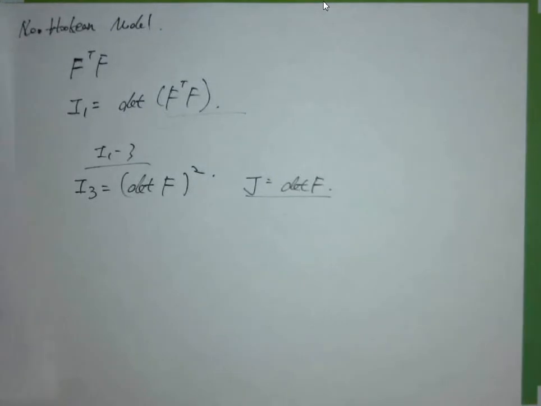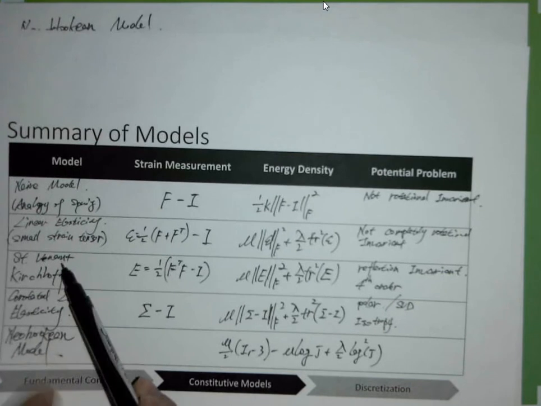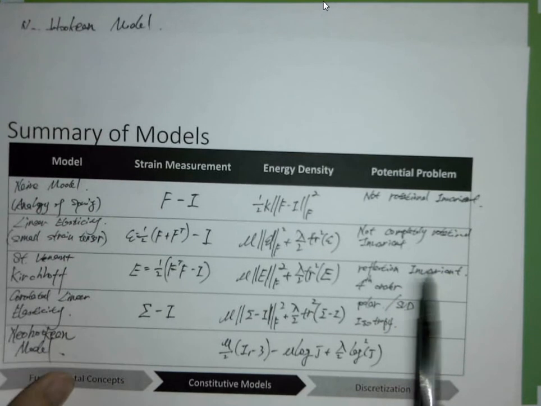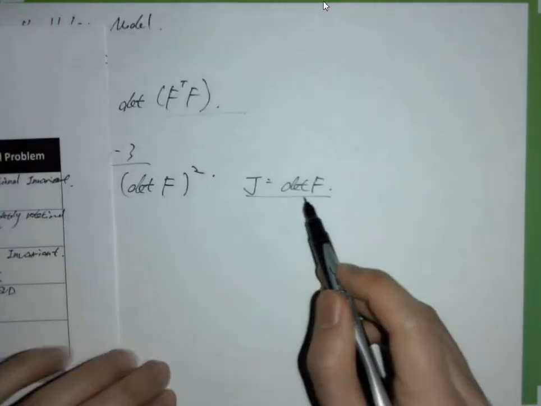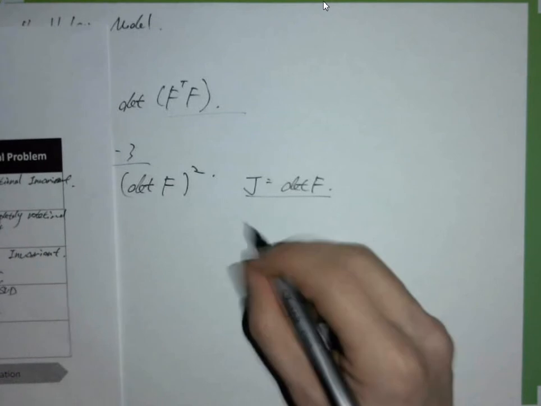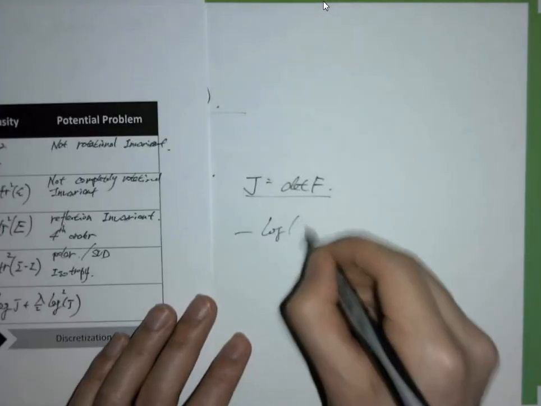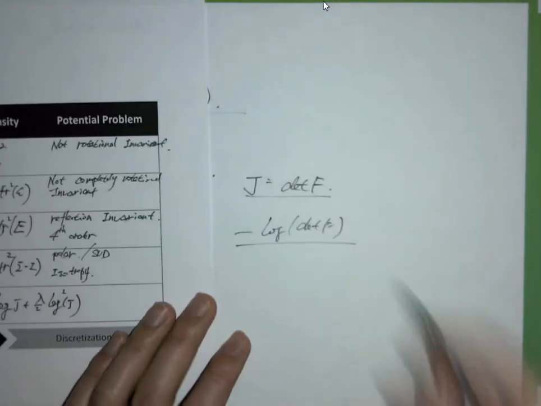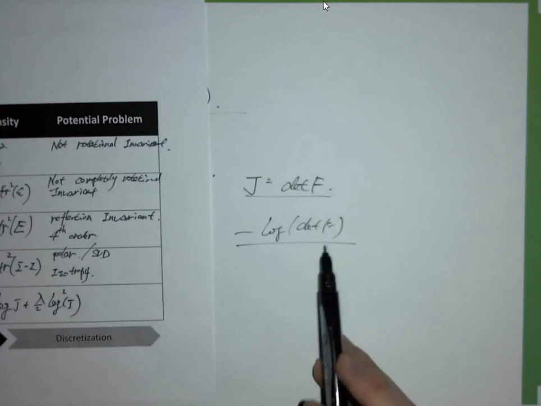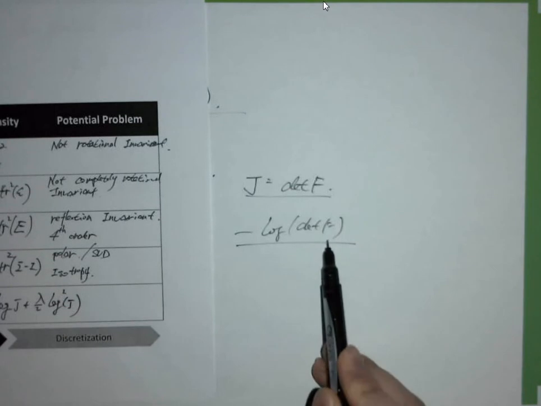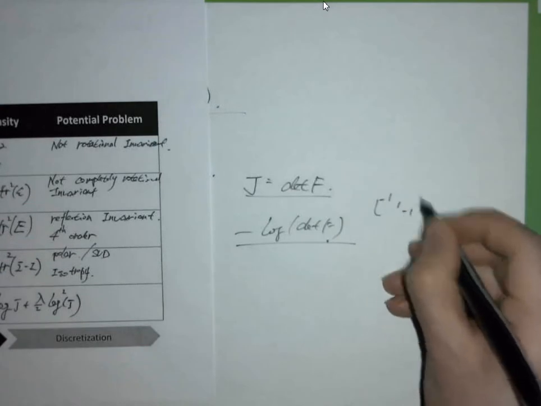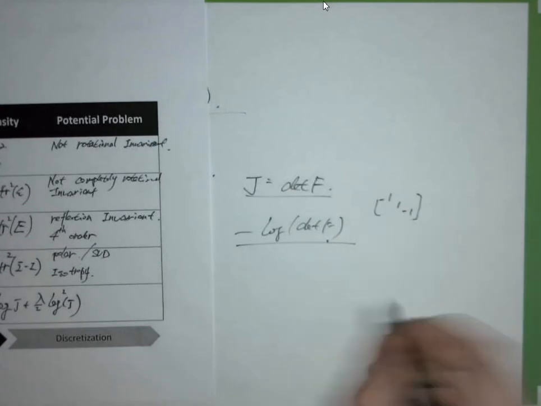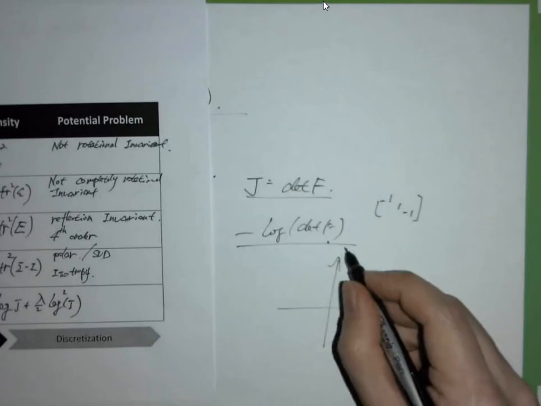All right, and we know that the Saint Venant-Kirchhoff model is also reflection invariant because I can put F into the other side. But what if I add a negative log of the determinant of F here? It means that the determinant of F cannot be negative. I can no longer put in my reflection matrix like 1, 1, negative 1, because the negative log function will boost the energy to infinity.